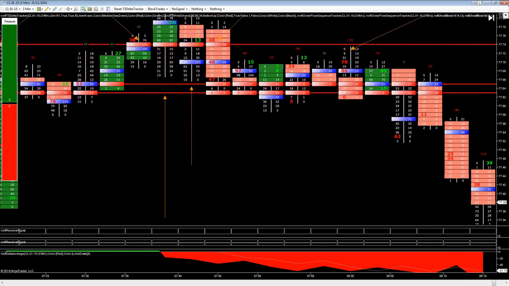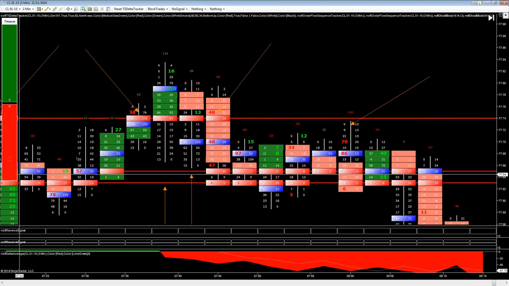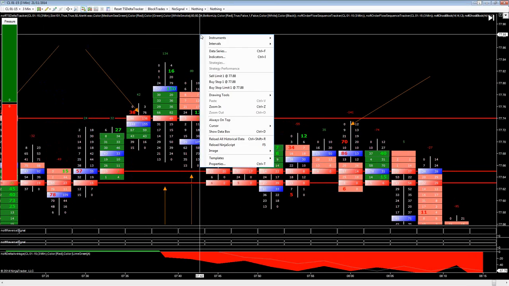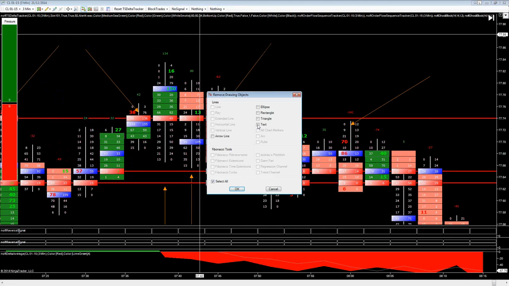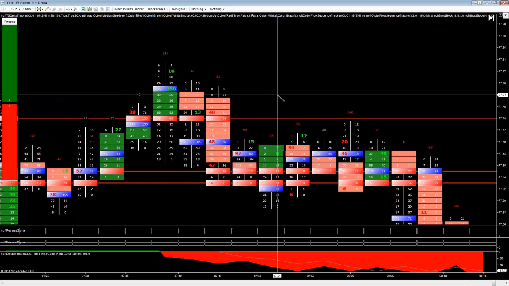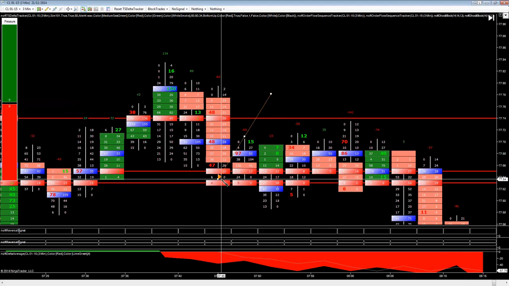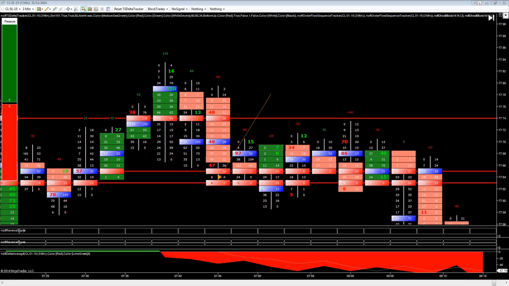So here, let me scope this out. Let me get rid of the arrow lines. I need a new arrow. Okay, arrow line gone. All right, there is one. For example, here's a situation where you had an aggressive seller, this 6 here.